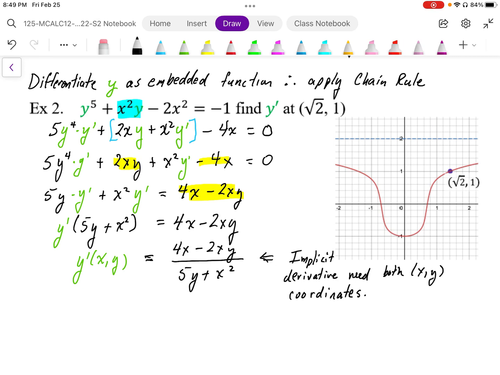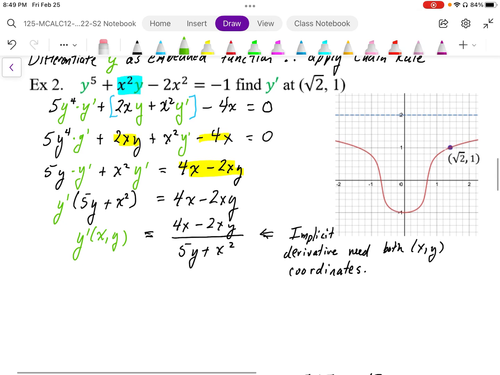Okay, so now the nice thing about this problem is, well, we've been given the x and y coordinates. So if I want to now calculate the y prime value or the slope, I want to find the slope when x is root 2 and y is 1. That's what I'm looking for. I want to know the slope at this point here.